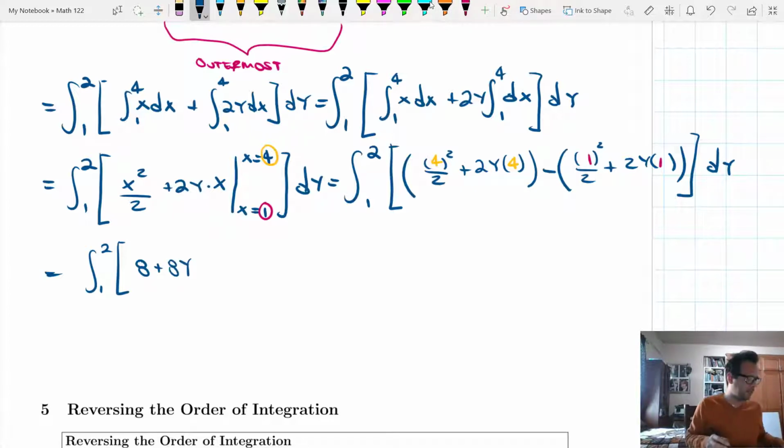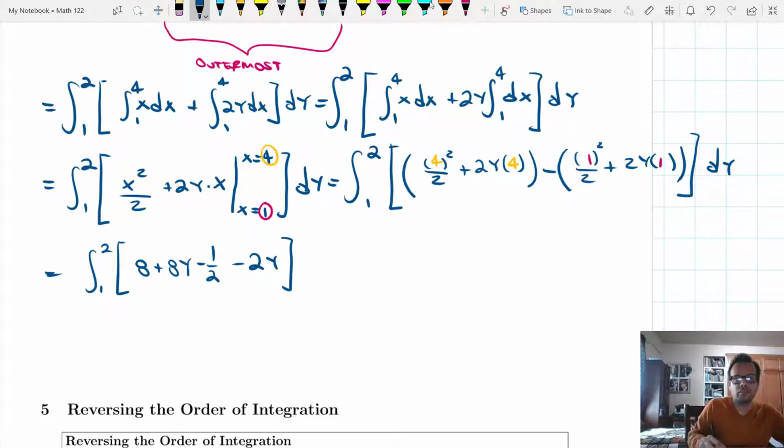And then for this quantity right here, 1 squared divided by 2, that's just going to be minus 1/2. And then 2y times 1, that's going to be minus 2y.